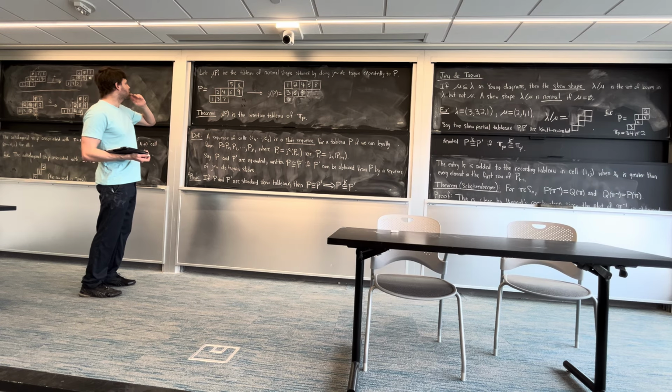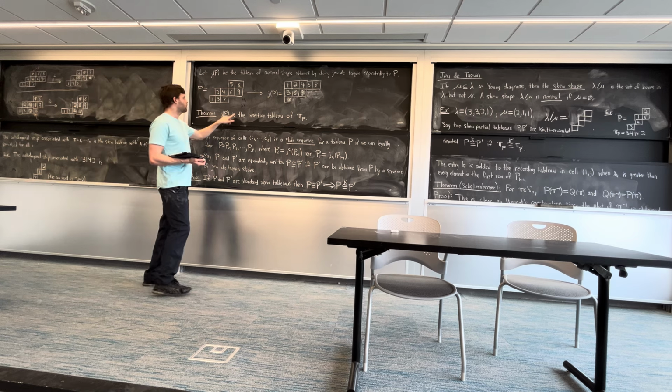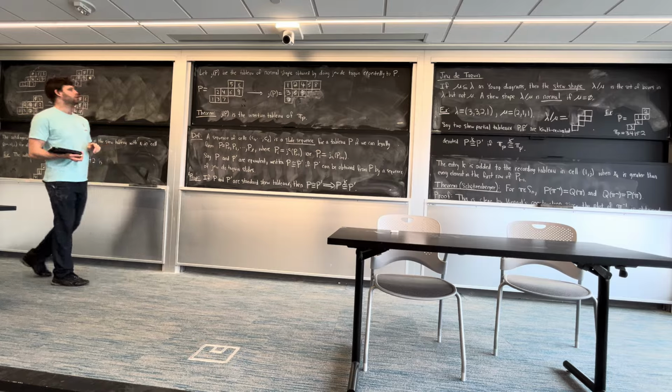So, okay, the reason is that, what am I missing here? Okay, so P and J of P are related by a sequence of these moves.